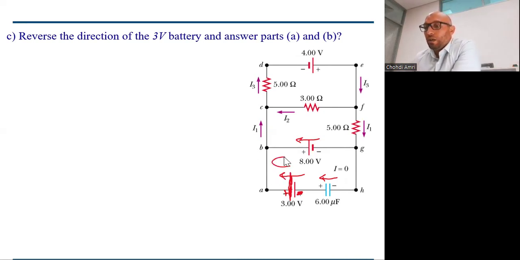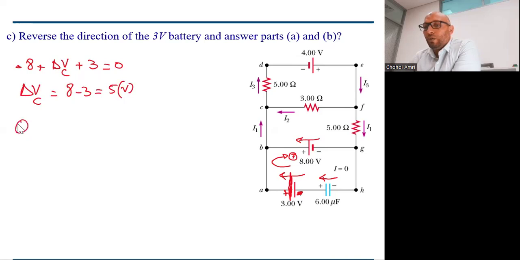Let's apply the loop rule. So we're going to write -8 and then plus delta V across the capacitor, plus 3 volt in this case, not minus 3 volt, equals 0. So delta V across the capacitor will be equal to 8 minus 3, which is equal to 5 volts.